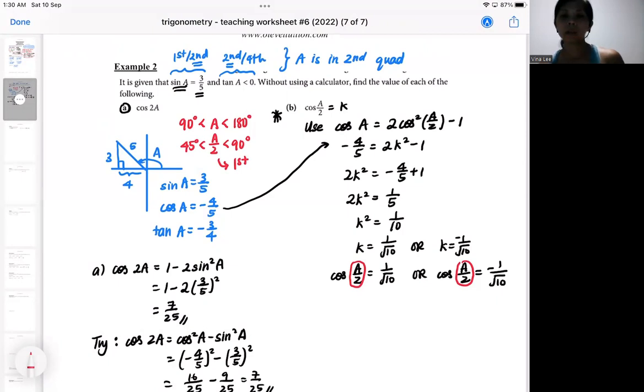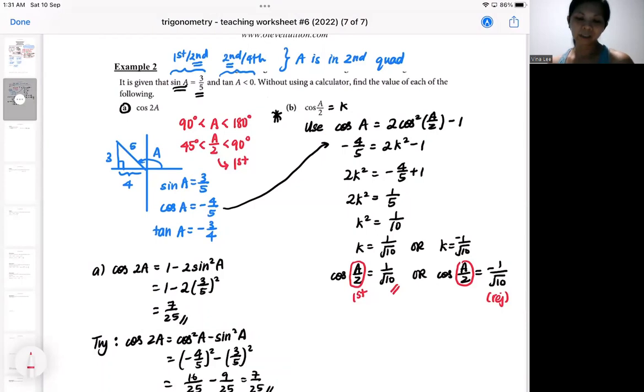So the cosine of a first quadrant angle should be positive. So you reject positive or negative based on where the angle is.